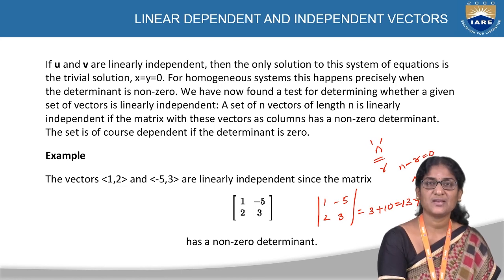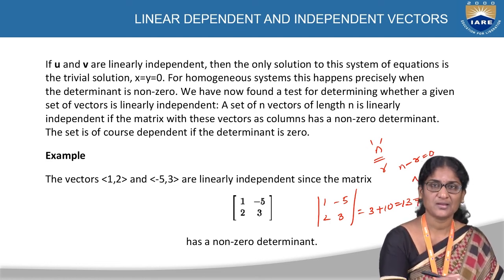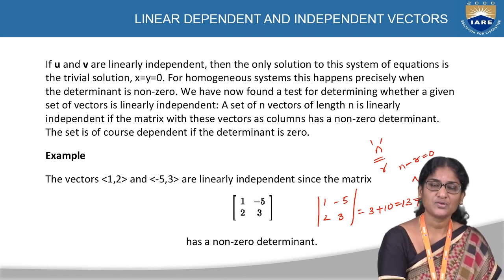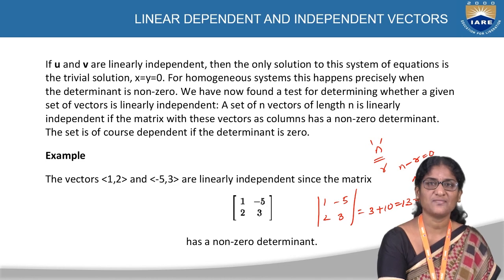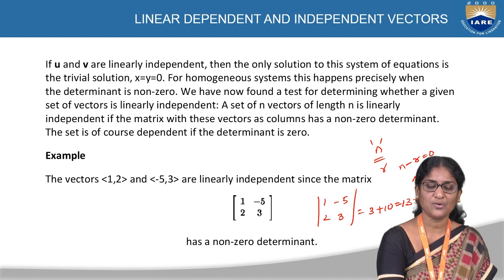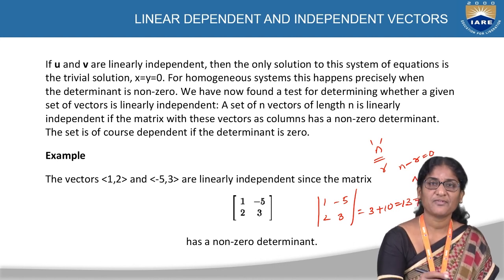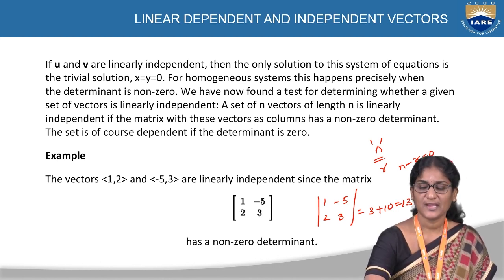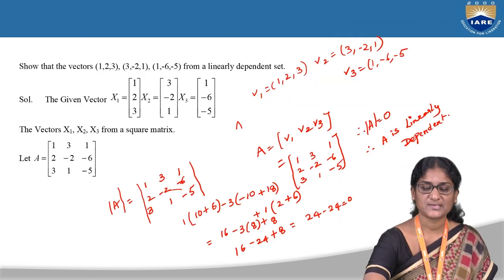We can't have n minus r less than 0, because the rank will never be greater than the number of vectors or unknown values. So definitely we have only two options: it is either 0 or greater than 0. If it is 0, the vectors are linearly independent. Otherwise, they are linearly dependent. You can follow that procedure for finding the linearly dependent and independent nature of the vectors.